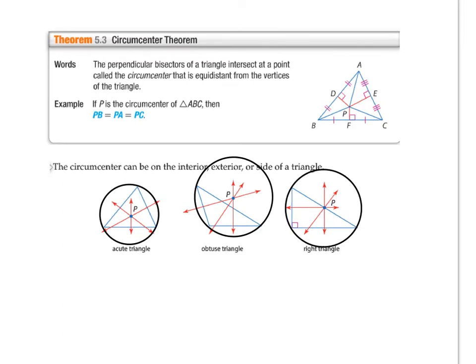And the reason it is called the circumcenter is because that point is the center of a circle that can be circumscribed around each of these triangles, where it touches each of the vertices of the triangle. And we will look at why that is true in class mañana.